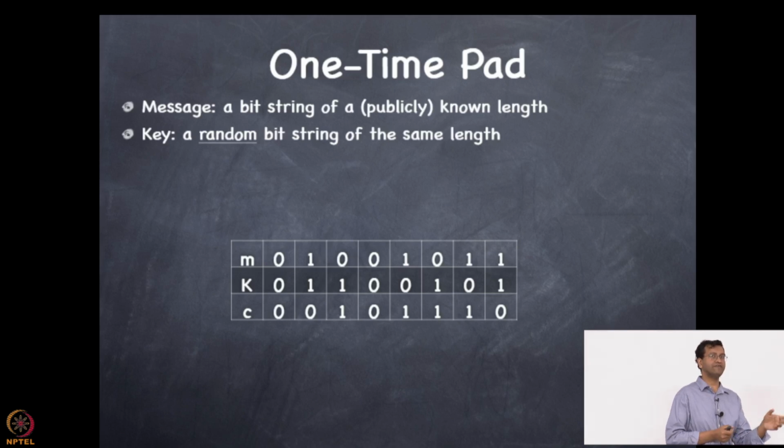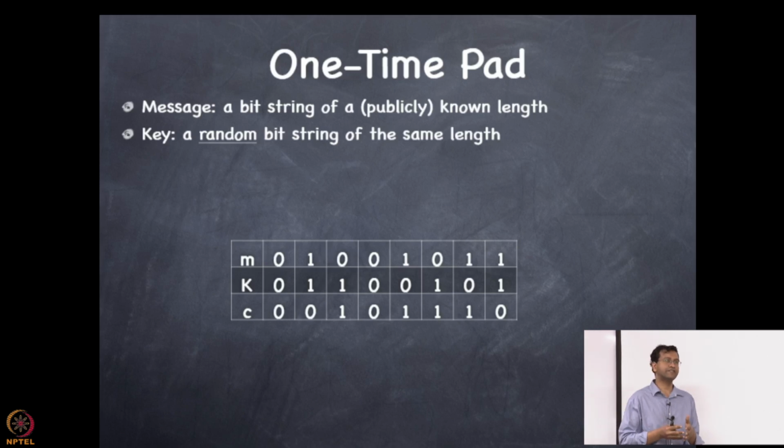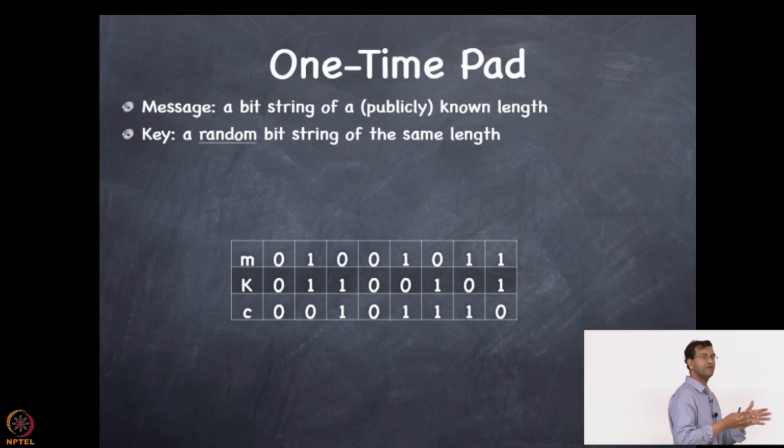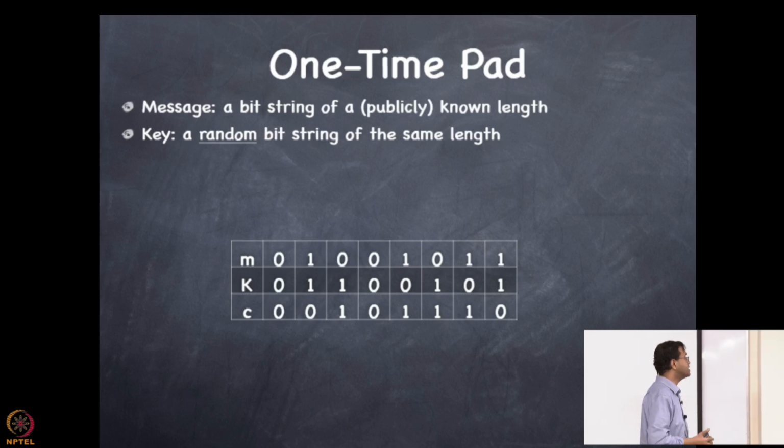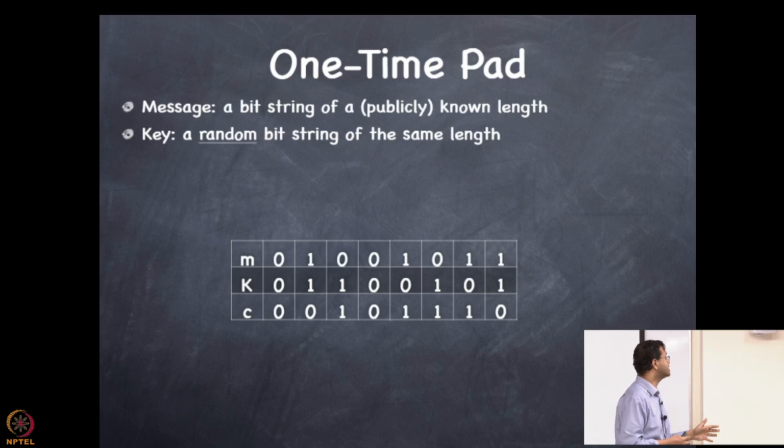There's a little caveat that will show up now and then, I'll mention it, that you're not trying to protect the fact that you sent a message or how long the message is, at least not in what we are going to talk about. So everybody knows that you have sent so much information. If the exact length is a problem, you can pad it up, make it some bigger, standardized length. Okay, but for us, the message is a bit string of some fixed length that you know ahead of time, and the key is a random string of the same length.